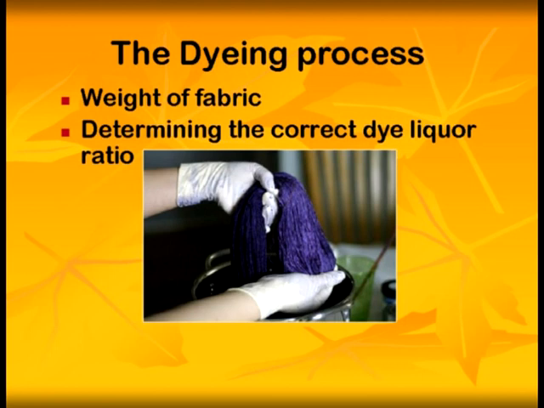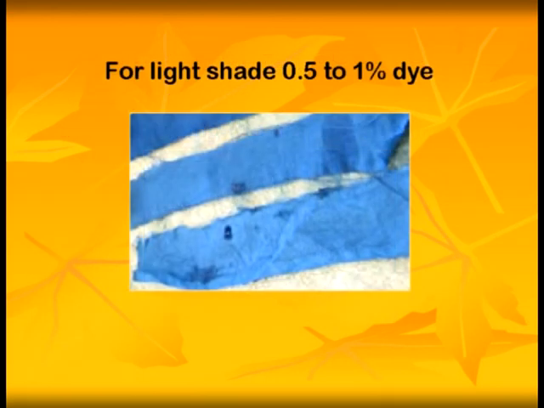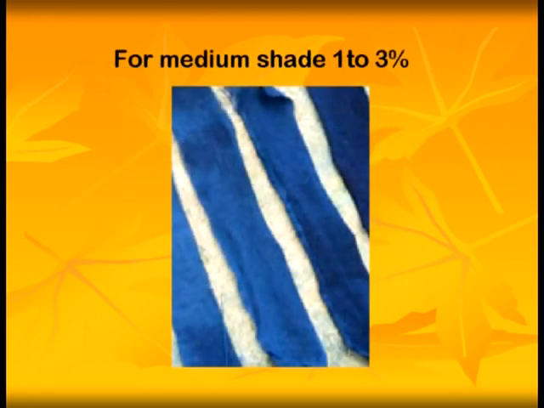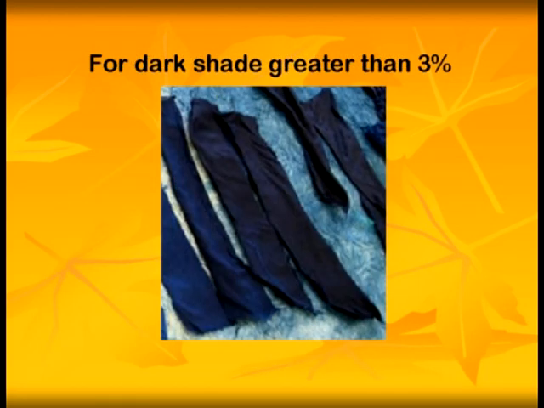As a general guide, the amount of dye on the amount of material to be dyed should be: for light shades 0.5 to 1% dye, for medium shades 1% to 3%, and for dark shades greater than 3%.